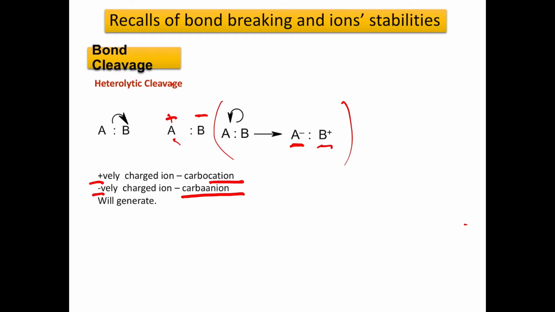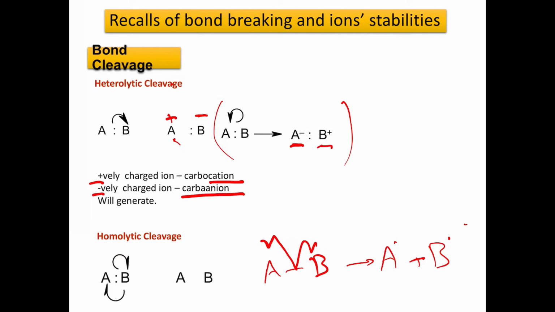Why? Because the bond between A and B is not broken equally. If it is broken equally, it results in A radical plus B radical. But here in this structure, the 2 electrons of the bond go to B, which becomes negatively charged, and the other one is positively charged.